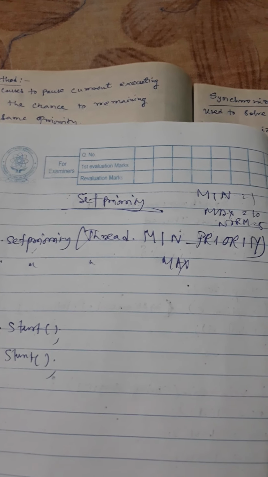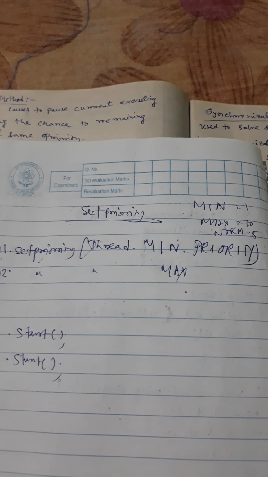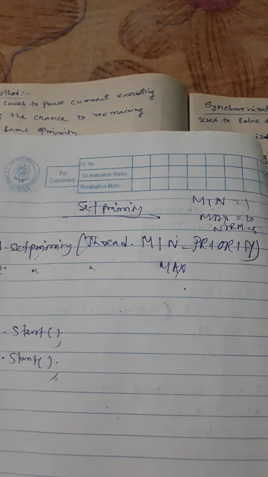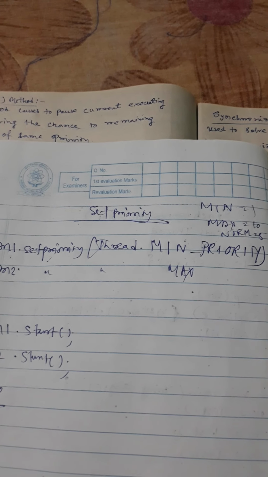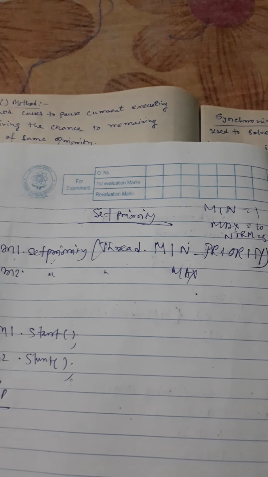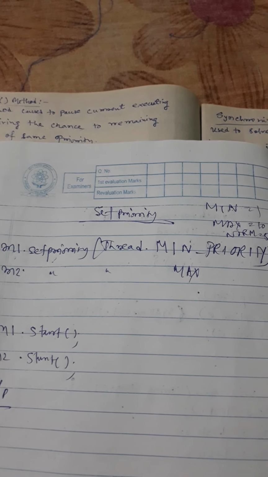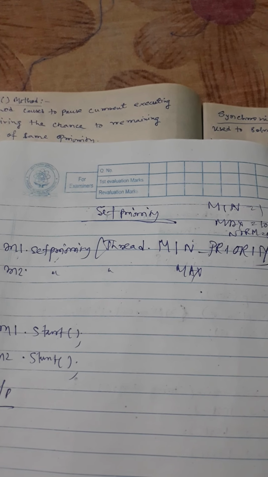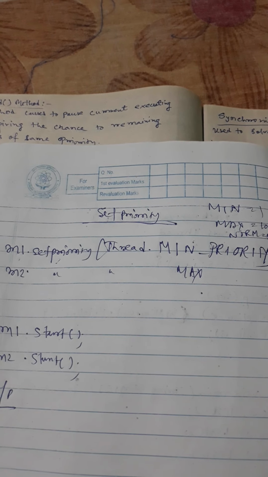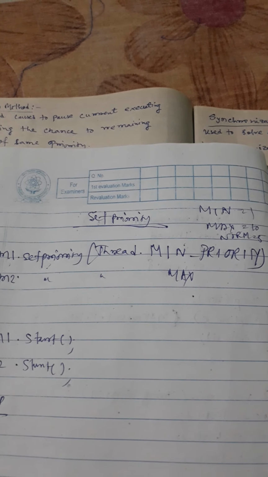Actually, the thread scheduler schedules threads according to their priority, but it is not guaranteed because it depends on the JVM specification, which scheduling it chooses. If threads have the same priority, then first come first serve scheduling will be used by the Java scheduler.